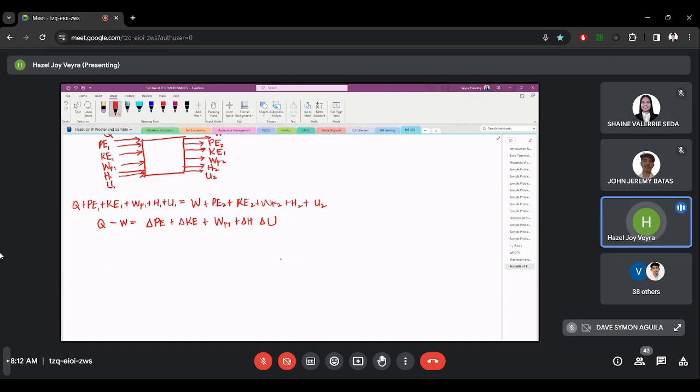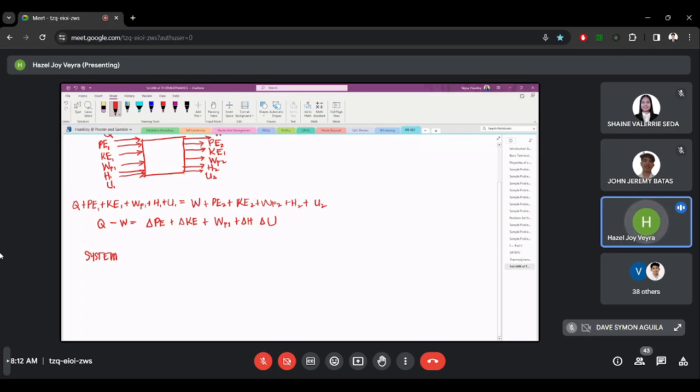So, try tayo mag-solve mga sample problem. Before we proceed to the problem, discuss ko na lang din here yung sign conventions natin if we talk about a thermodynamic system.